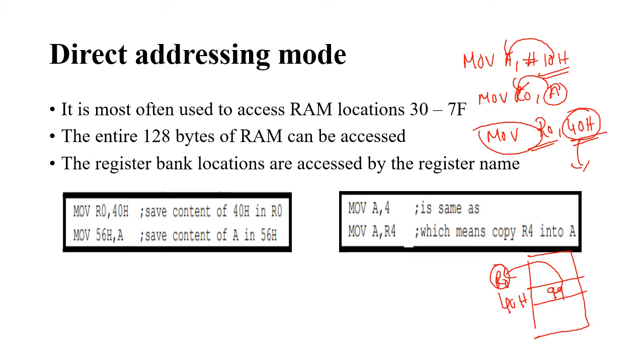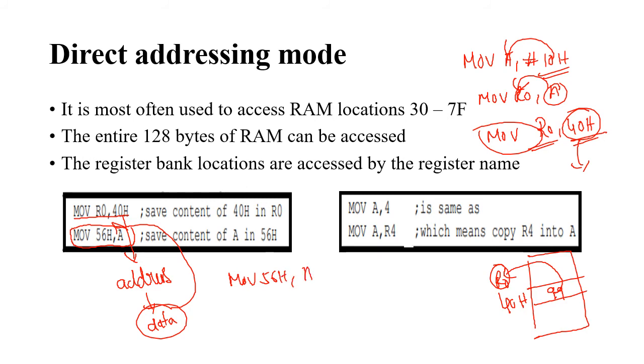For example, if we consider move R0 comma 40H, this 40H is the address. Now the data present in this address will be copied to the register R0. Similarly, if we consider the other instruction, move 56H comma A, here 56H is the destination address.